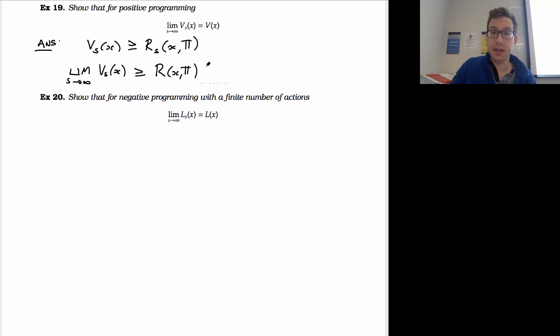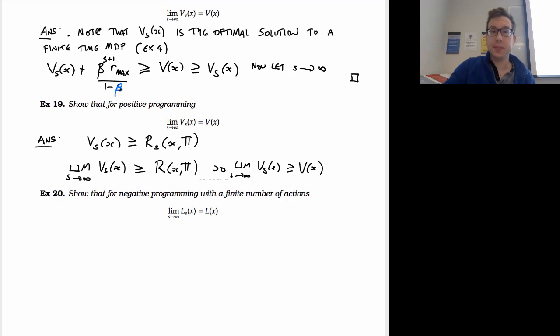So then I can maximize this over all policies. But I can also apply exactly the same inequality I did up here, that since Vs is optimal over S time steps, rather than all time steps, and the rewards are positive, V of x is less than V of S as well.